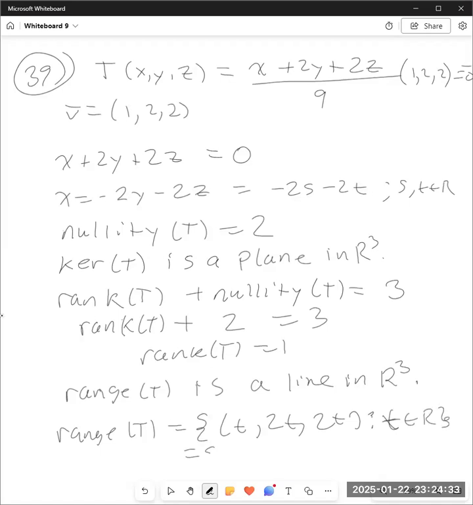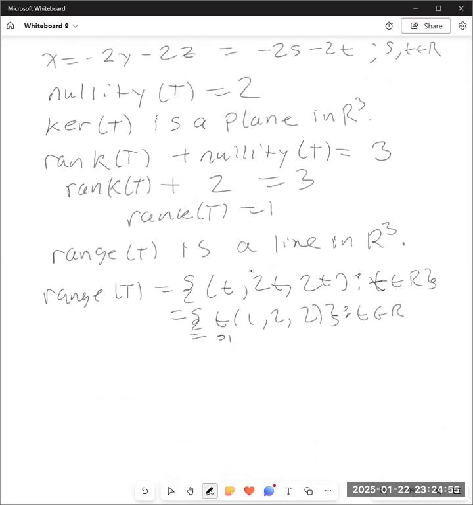We also write that as t times (1, 2, 2). Or you could write that as the span of (1, 2, 2).